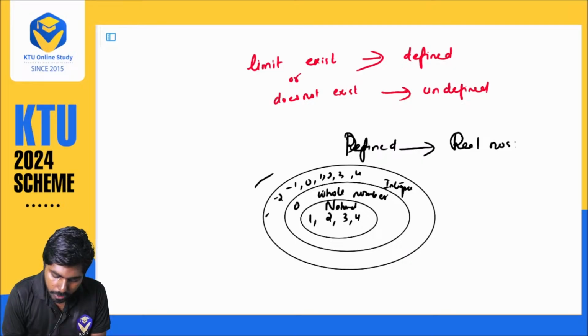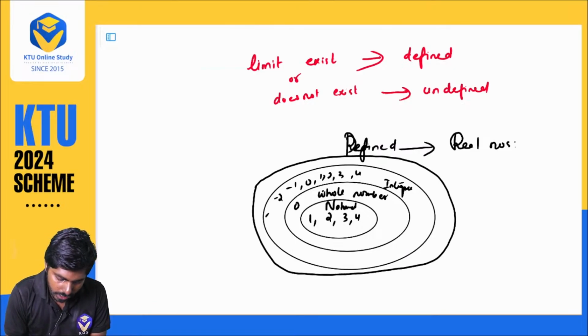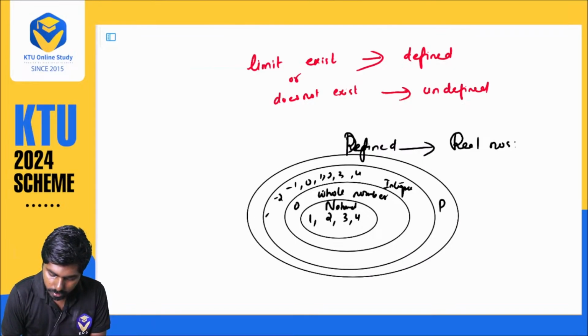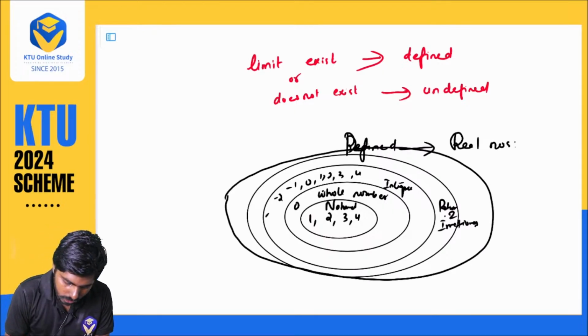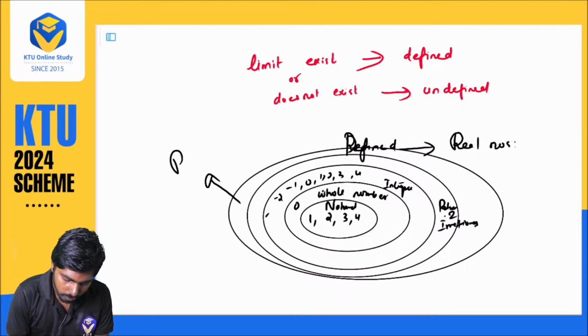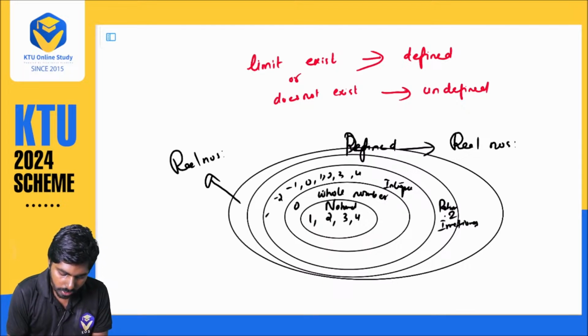Then we will have rational numbers and irrational numbers. Everything is included in the real numbers.